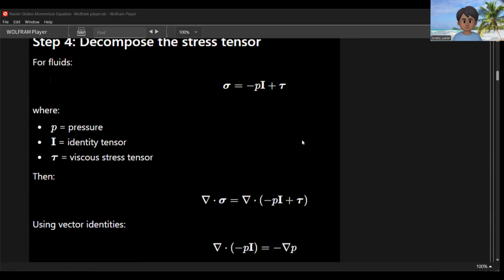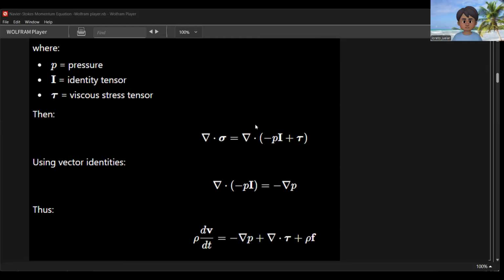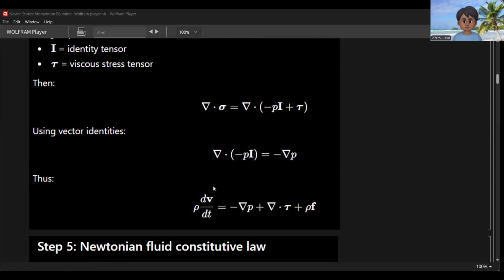The negative divergence of negative P times I equals the negative of the gradient of the pressure. Thus, the net force is equal to the negative of the gradient of the pressure plus the divergence of the viscous stress tensor plus the body force here.